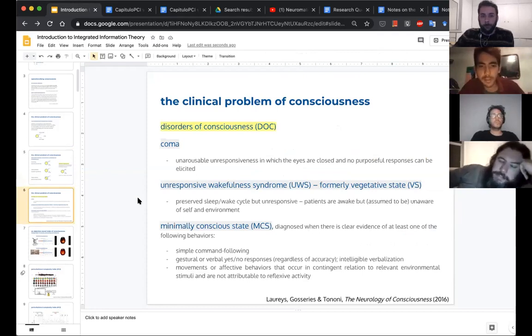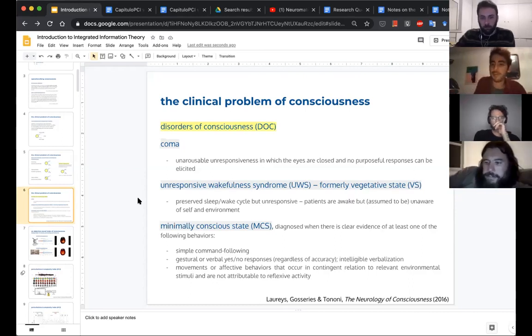So in brain injury patients, you basically have a vegetative state in which the person is awake, sleeps and wakes, but has no signs of being able to interact with the environment. So people just presume they're unconscious, but you have basically no way to assess it apart from this.